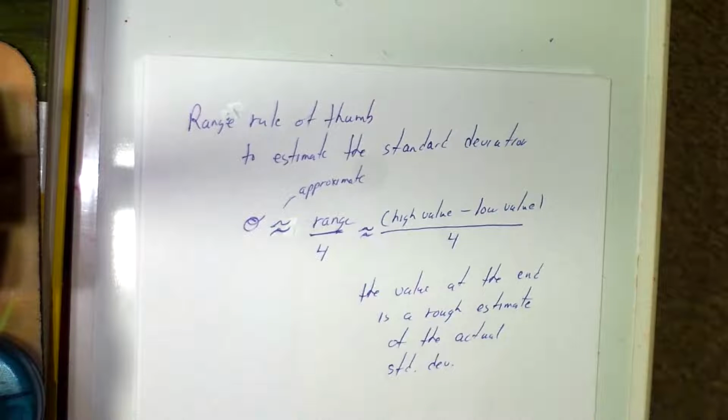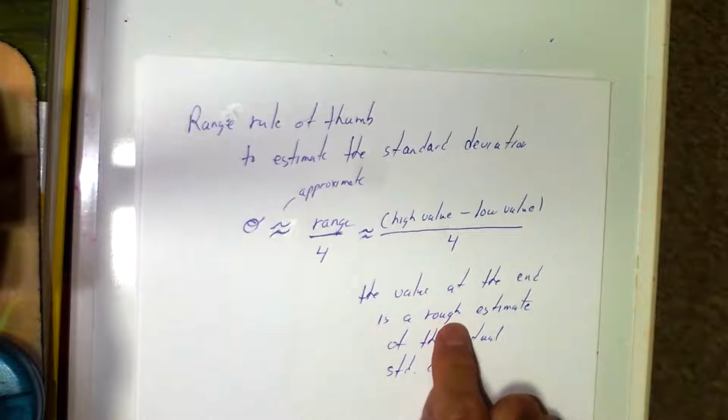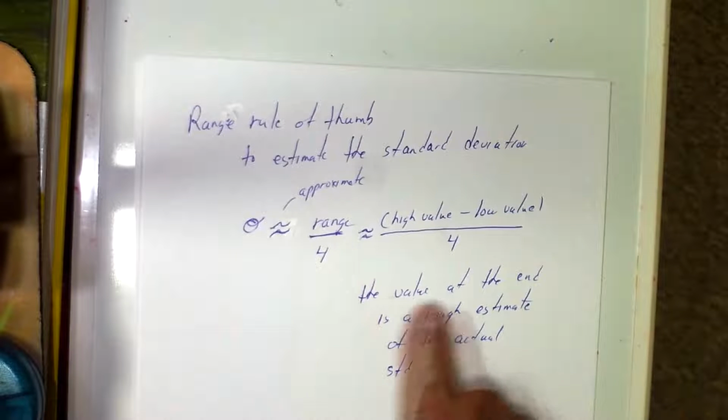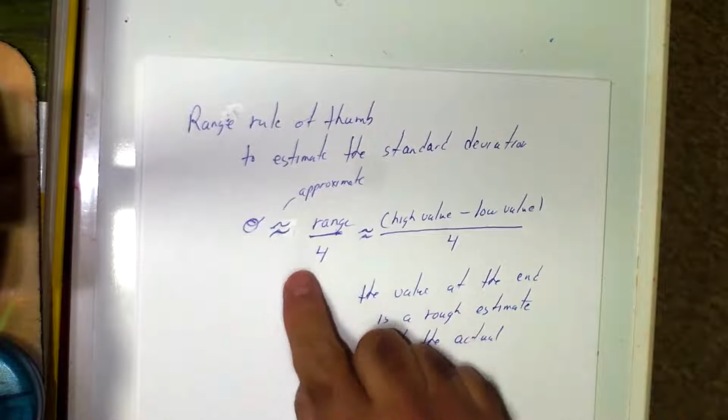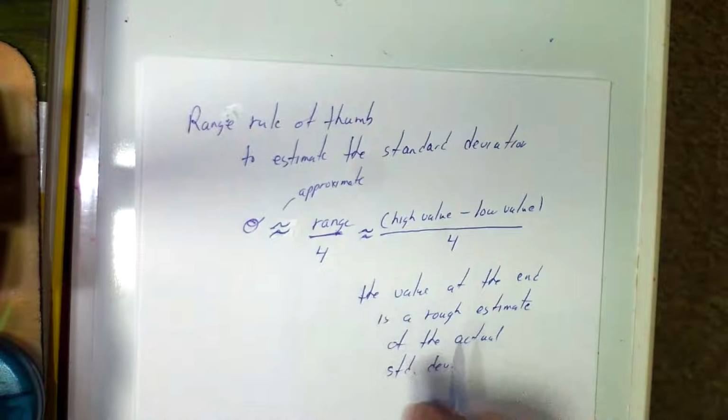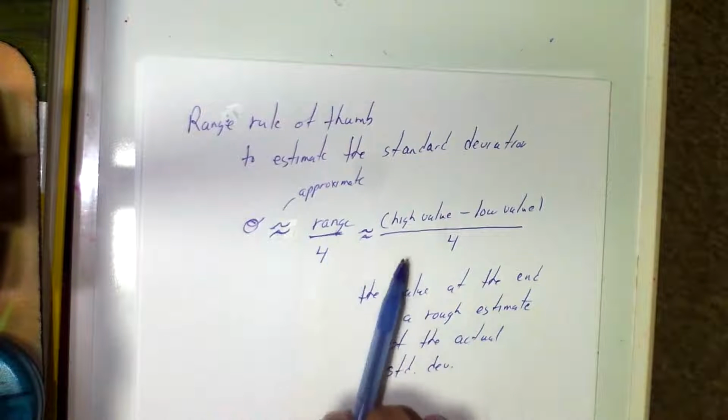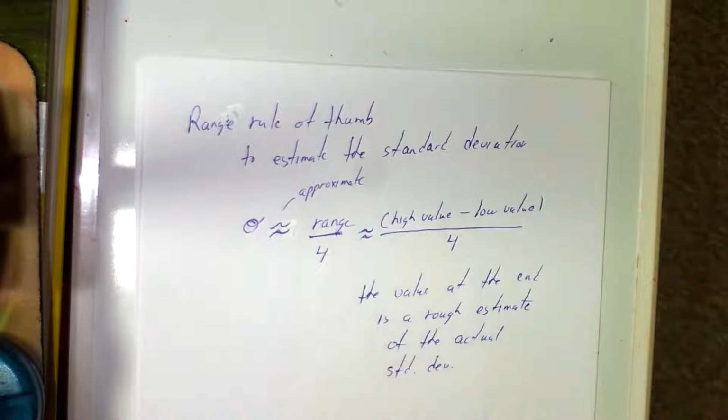And you can test it. There's a problem in the book that asks you to compute the approximate standard deviation of a set of numbers. So you just have to use that formula to do it. And that's the second and last part of the range rule of thumb.